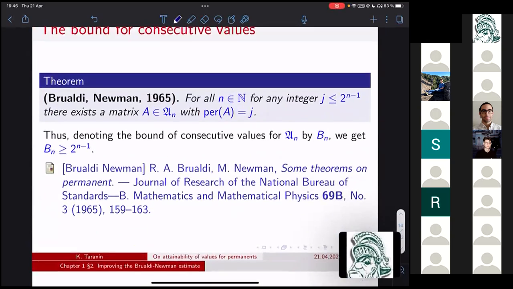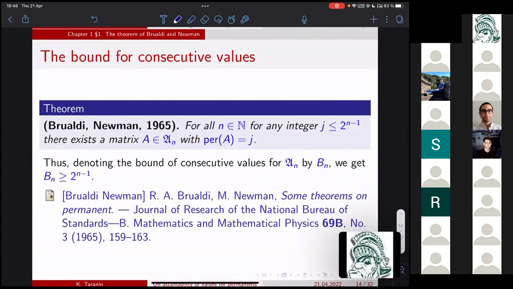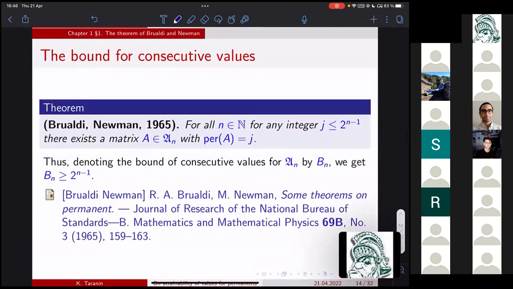The first result, answering partially this question, was proved by Brualdi and Newman in 1965.